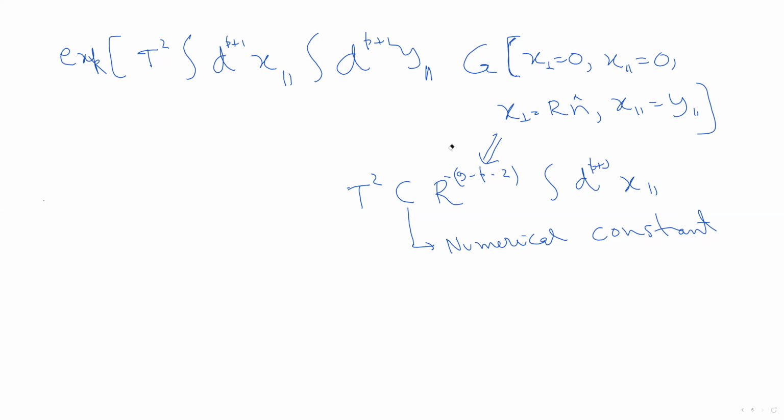If you have 2 point particles in 3 dimensions, then the number of transverse directions is 3, and the Coulomb interaction energy is 1 over r, so 1 over r to the 3 minus 2. If you have 4 space dimensions, then it will be 1 over r squared and so on. So that's this r to the power minus (9 minus p minus 2). For D0, the point particle, in 3D it's 1 over r, and in 9D it will be r to the 7.